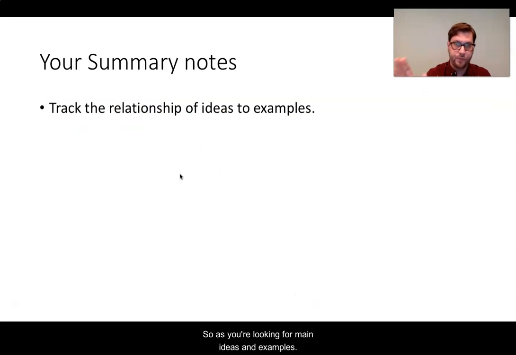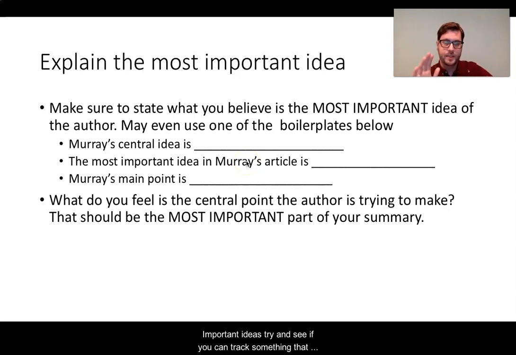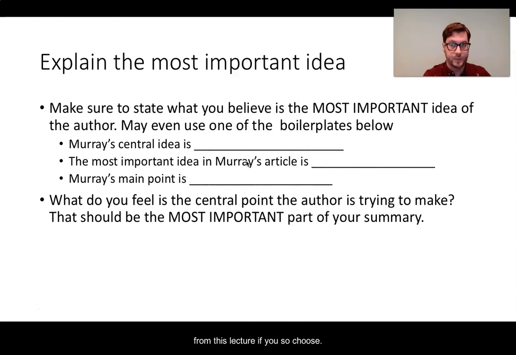So as you're looking for main ideas and examples, let's look at how you might take some notes over those really briefly. First, important ideas, all right? Try and see if you can track something that you believe Murray is saying that is his opinion. We looked at an example of his main idea, so you could practice some of your notes using the information from this lecture if you so choose.